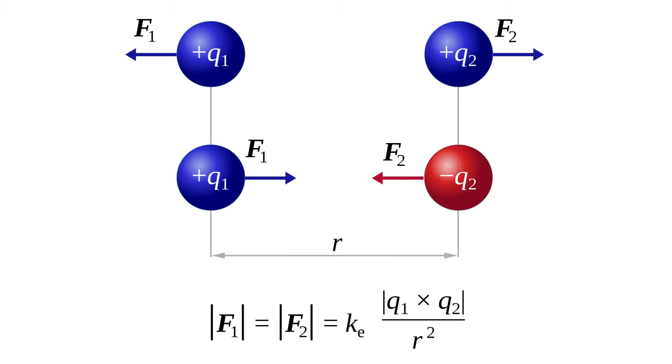And if you can remember Newton's law of gravitation, this law is also quite similar to that one. In that equation we had a constant, which was the gravitational constant. Here it is the Coulomb constant, and we had the masses of the two objects.